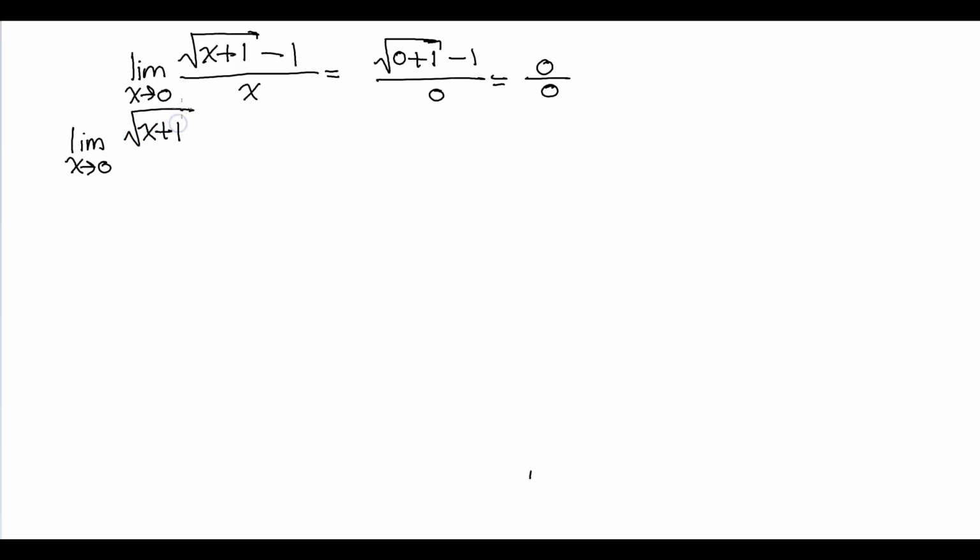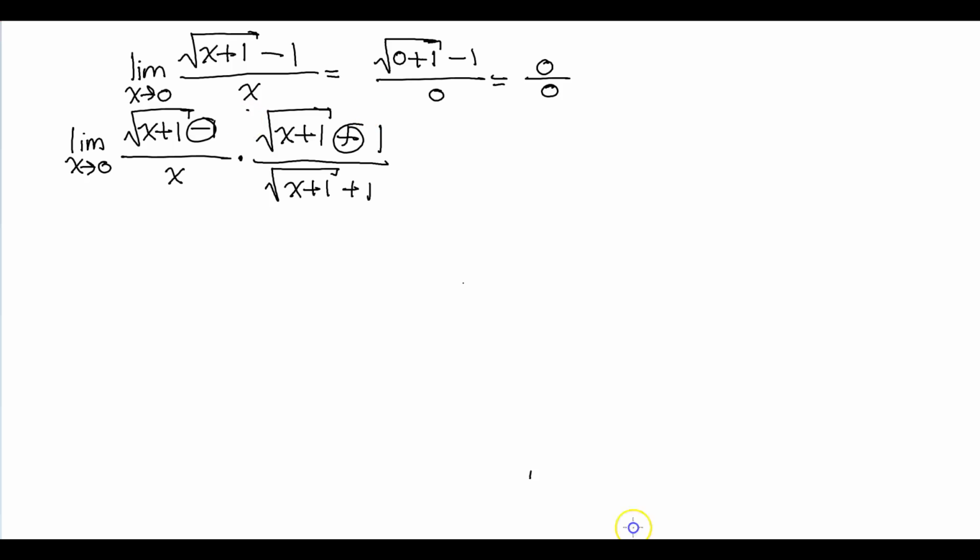To rationalize any part of a fraction, you would multiply it by the same thing, except you switch the operation in the middle. So subtraction becomes addition: square root of x plus 1 plus 1, over square root of x plus 1 plus 1. And the reason we can do this is that this quantity is just equal to 1.